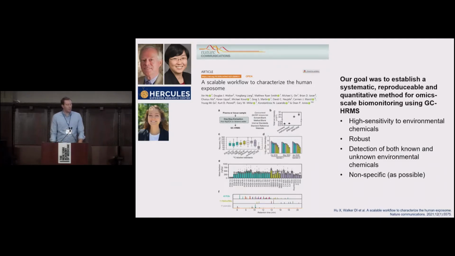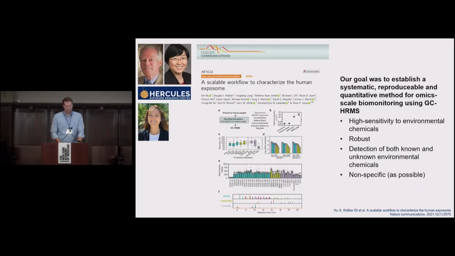And so the way that we've approached this is to systematically optimize our methods and use multiple platforms to essentially develop omic scale biomonitoring approaches using multiple high-resolution mass spectrometry platforms.